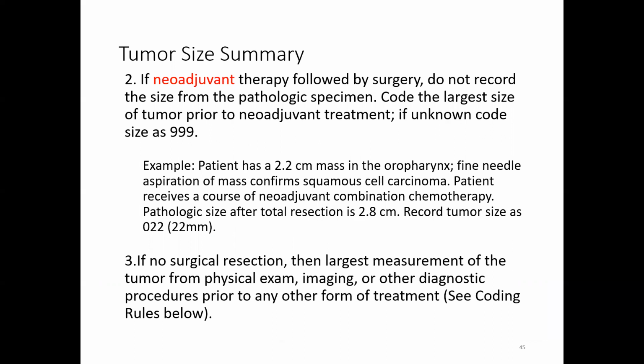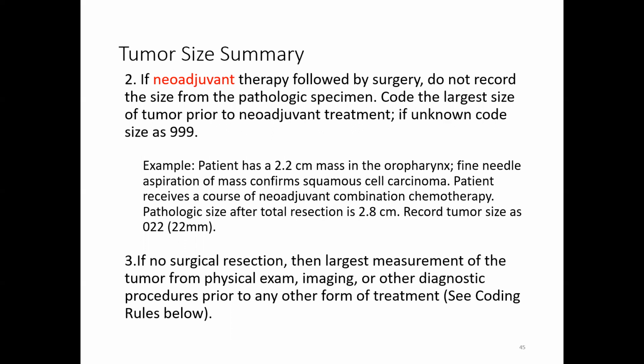If you are coding tumor size summary directly, please read through these examples and coding guidelines. If you have neoadjuvant therapy followed by surgery, do not record the size from the path specimen. Code the largest size of tumor prior to neoadjuvant treatment. And if it's unknown, you will code 999.